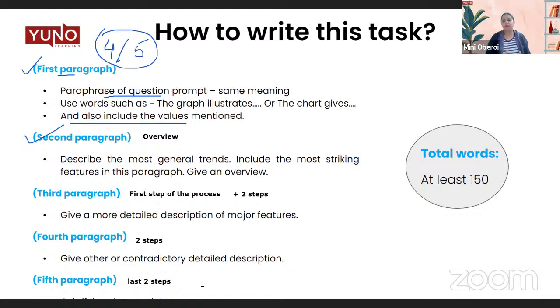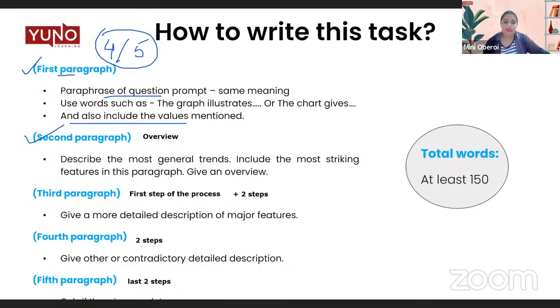Now, writing a 5th paragraph is not mandatory. Please remember, you can write it, you may not write it. It is completely your choice. But this does not mean that you eliminate any step. We have to mention each and every step in the paragraphs. So what should we do here?